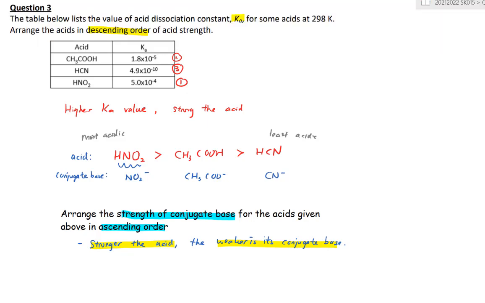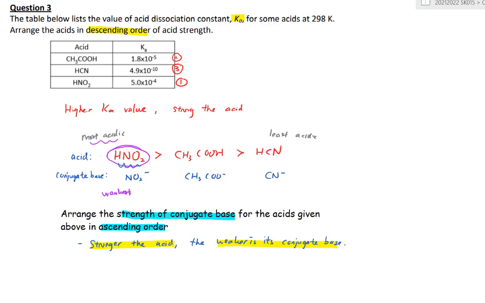I'm using a different color. HNO2 is the most acidic one, a stronger acid. On the other side, it means that the conjugate base is the weakest, or the least basic. The stronger the acid HNO2, the weaker is the conjugate base NO2 negative.